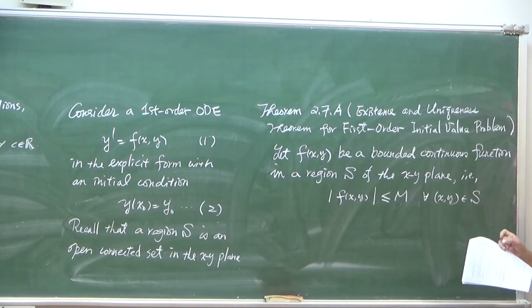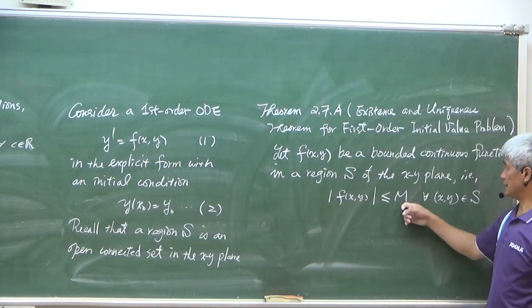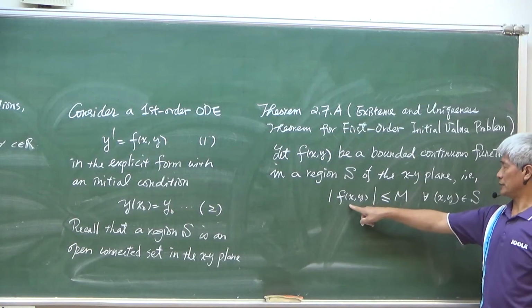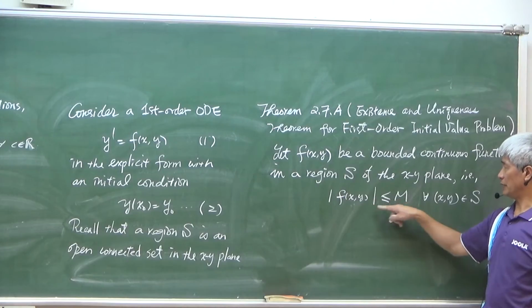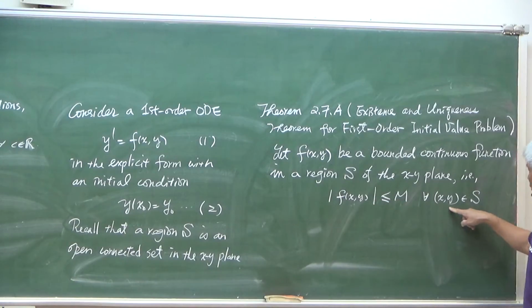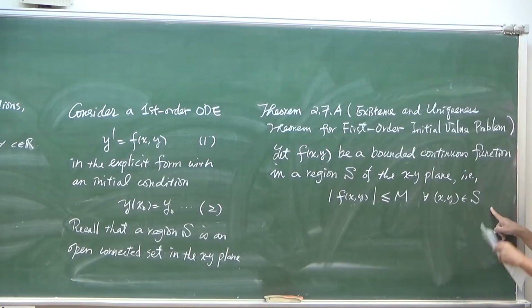Bounded means that we can find a positive number M such that all the function values have absolute value less than or equal to M for all points in this region.